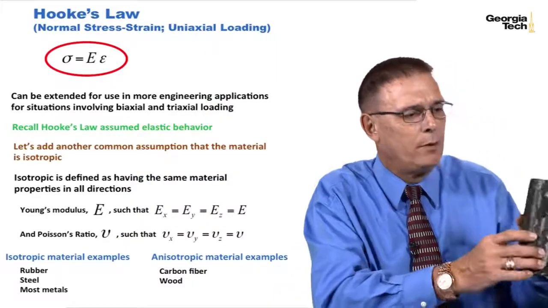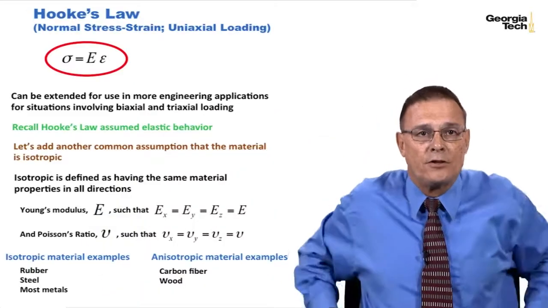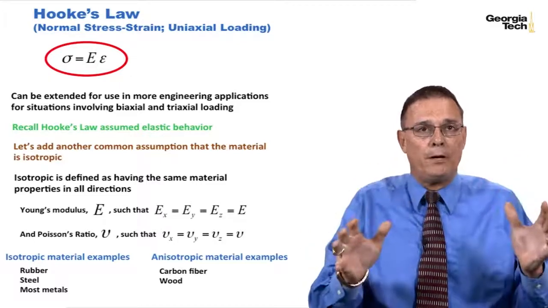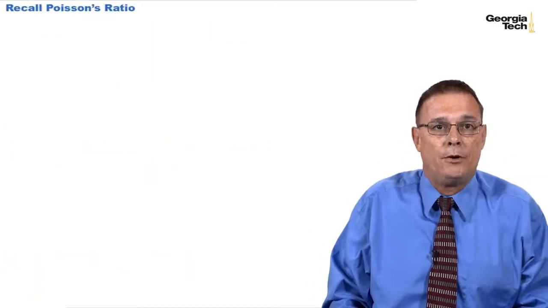Here's also a tube of carbon fiber, and you can see that the fiber runs along in diagonals. And so if we apply stresses to this engineering element, we can get different material properties in different directions. And so that's the difference. And what we're developing for Hooke's law is generalized for isotropic material.